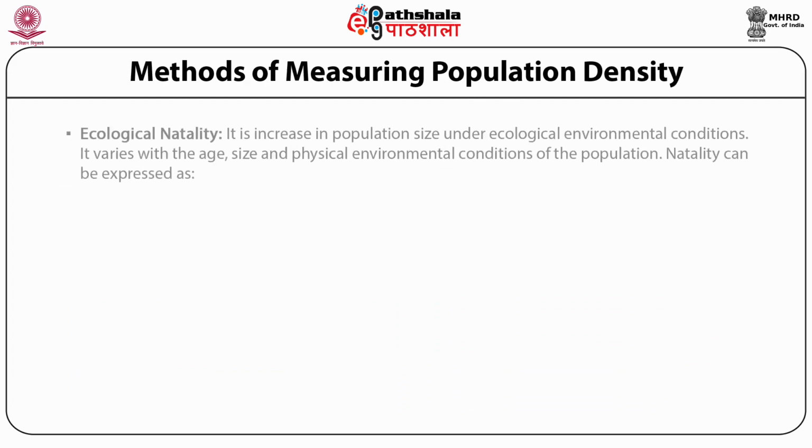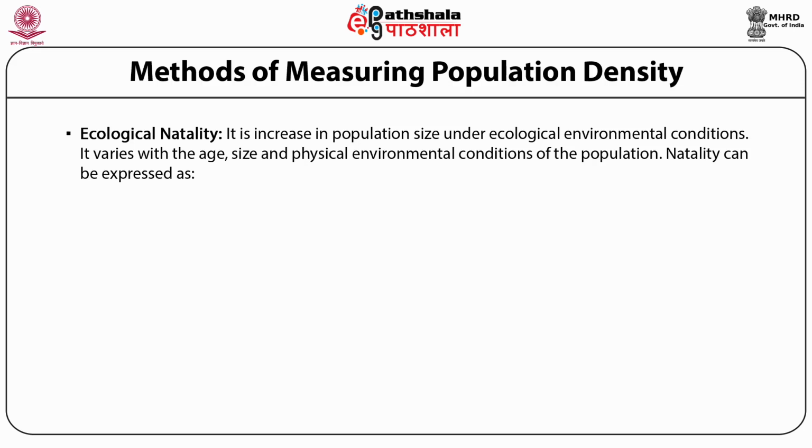Second is ecological or realized natality. This can be defined as the increase in the population size under ecological or actual environmental conditions. It is never constant for a population, but varies with the age, composition, size, and physical environmental conditions of the population.